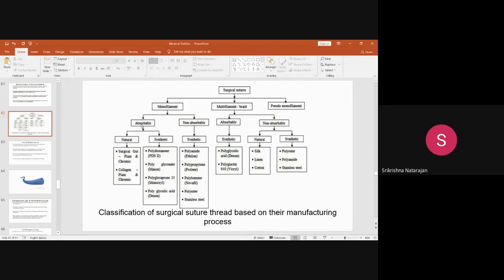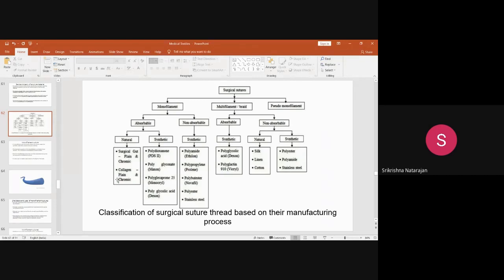And this absorbable suture is further classified into two categories, natural and synthetic. Natural absorbable sutures have many examples. The one given is surgical gut, plain and chromic. Surgical gut means catgut, which we have discussed 2-3 lectures back. Catgut fibers are a natural absorbable fiber.